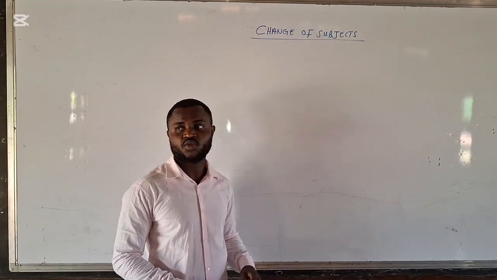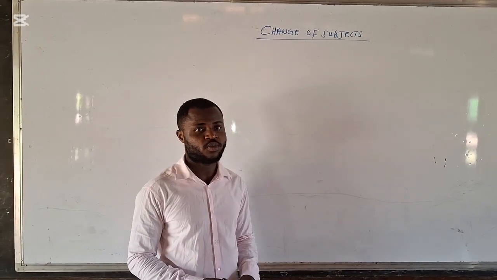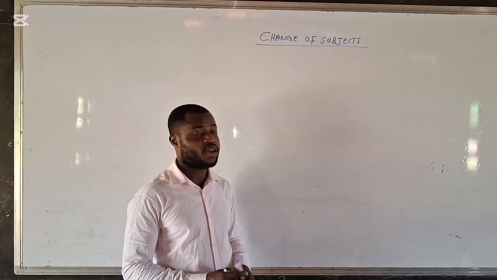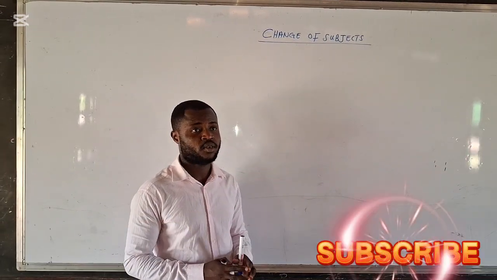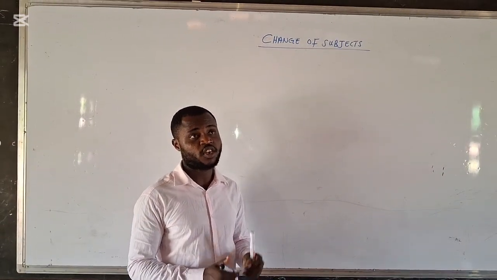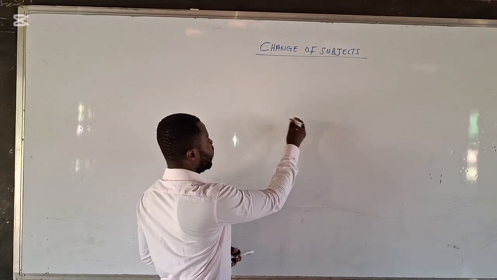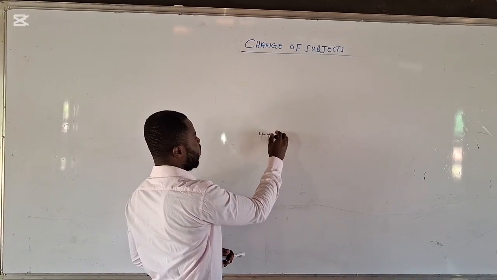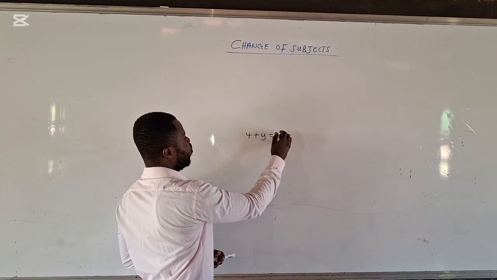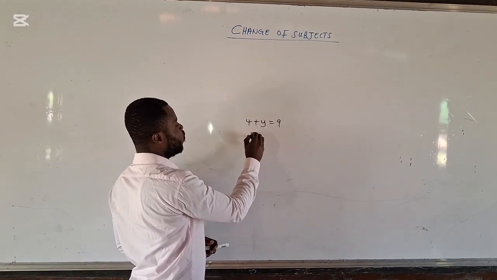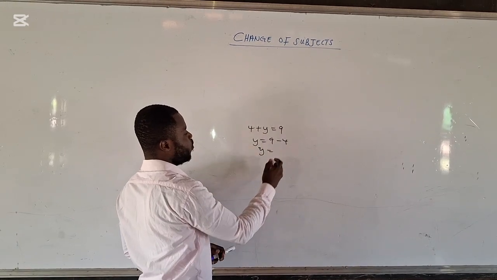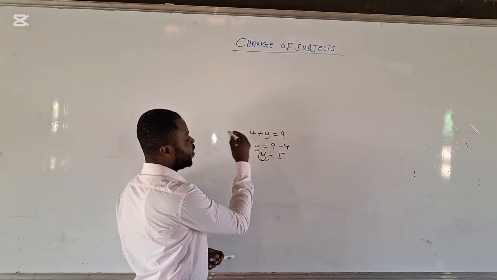Today our lesson is going to be on change of subject in algebra. Simply put, change of subject is when a variable is made to stand alone in any given expression or equation. When you have an expression like 4 plus y is equal to 9, and you solve y is equal to 9 minus 4, then finally y is 5, it means you made y the subject.